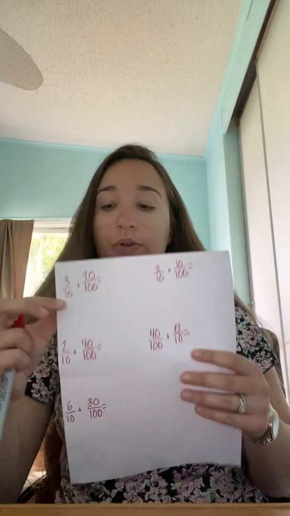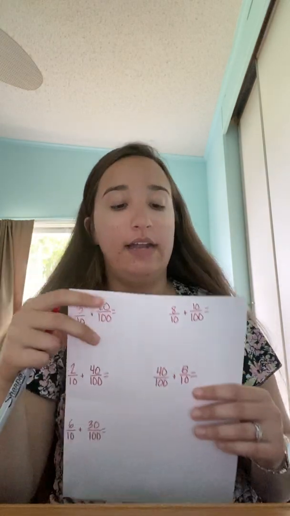You're going to work with your shoulder partners to solve the first question right here. You're going to have 90 seconds to solve it, and then I'm going to have you guys come down to the carpet. And at the carpet, we are going to work on how you got your answer, okay, and kind of work through it together. And then after that, you'll go back to your desk with your shoulder partner, and you're going to work on the next one and so on until we get through the whole worksheet, okay?